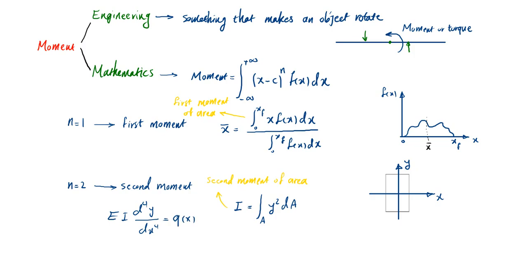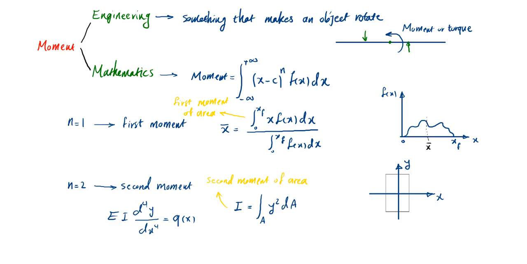We had this in solid mechanics. E is the modulus of elasticity. I is the moment of inertia or the second moment of area. This is a fourth order differential equation. And Q(x) is the shear force applied to the beam. So that's where you've seen this. This is the second moment of area. This comes from the same definition for the moment when n is equal to 2. So these are what you've seen before.